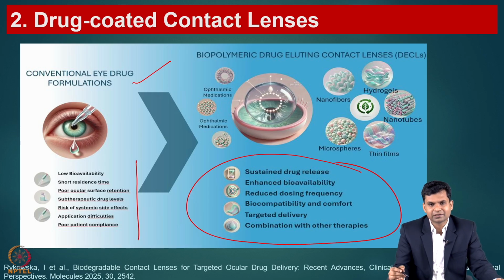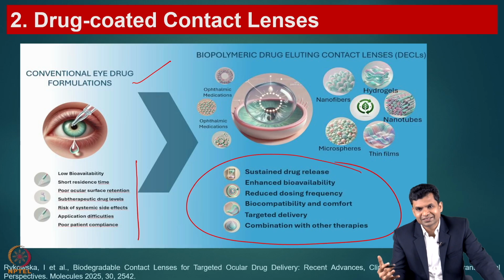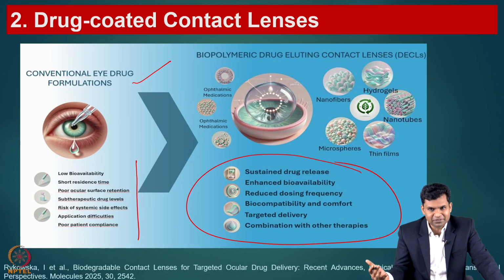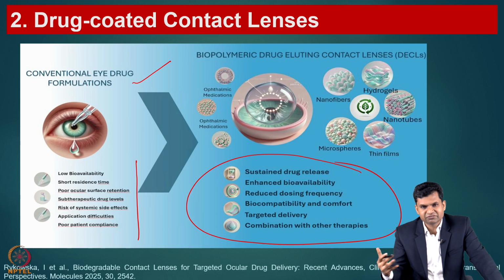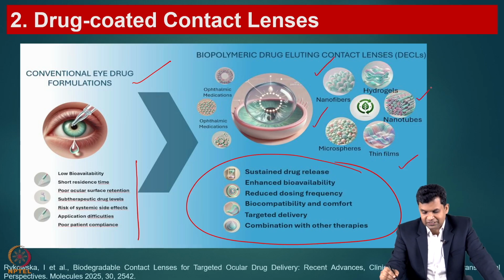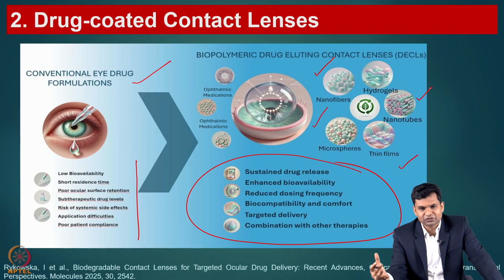In the drug coated contact lenses, we can load the drugs directly with the help of polymers and some materials which will control or convert into the lenses. Also, we can use various types of nanomaterials. Here we can also load the drugs and again convert them into contact lenses and we can maintain the controlled release.